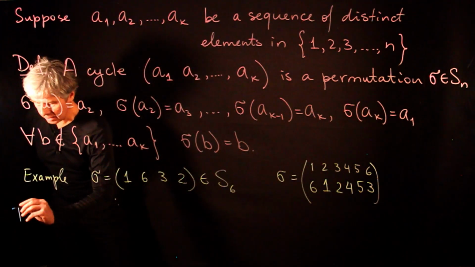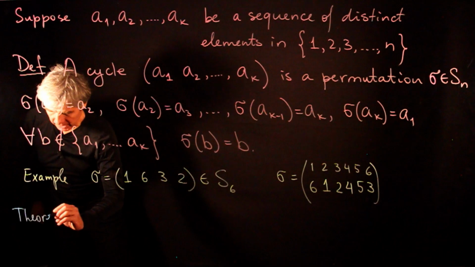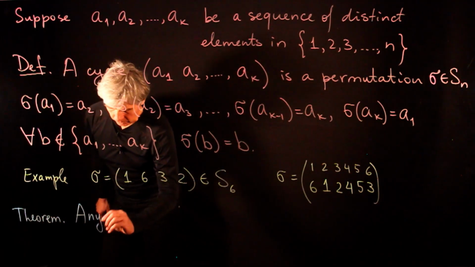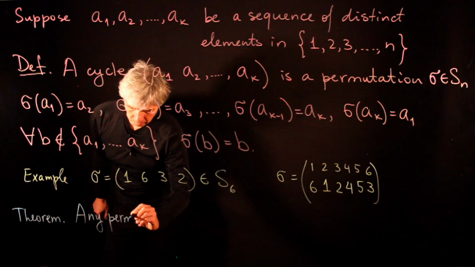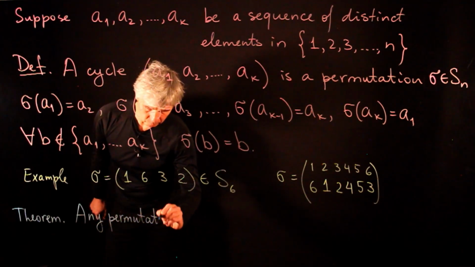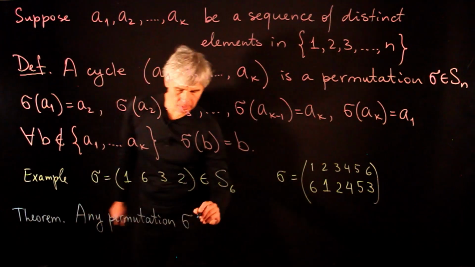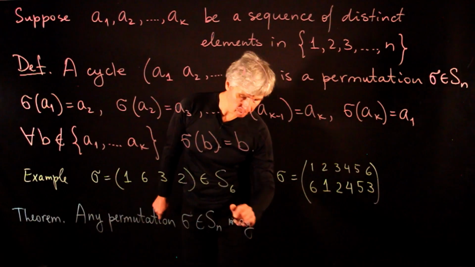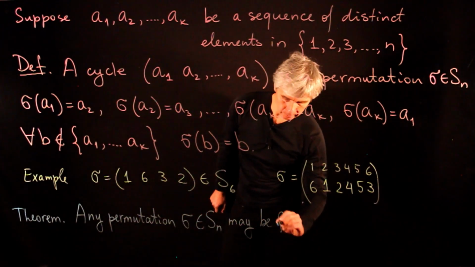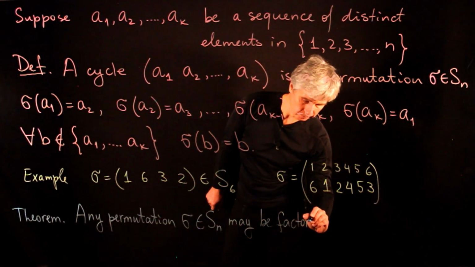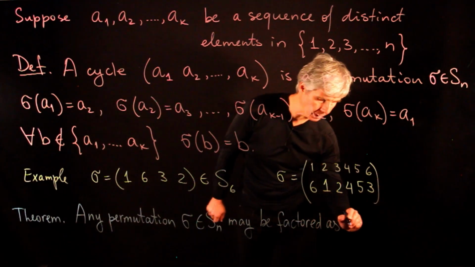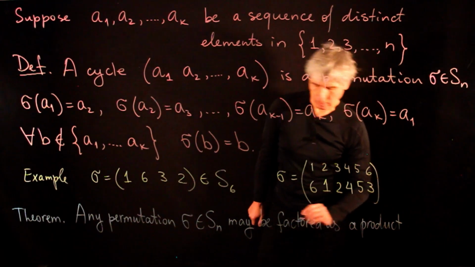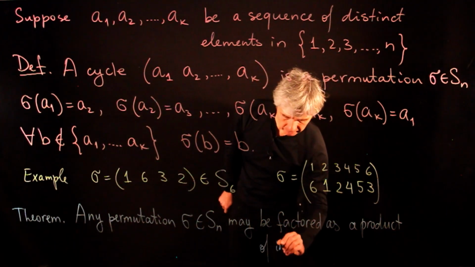And let us state a theorem about cycles. Any permutation sigma in Sn may be factored as a product of independent cycles.